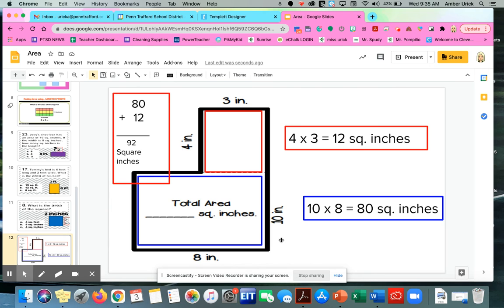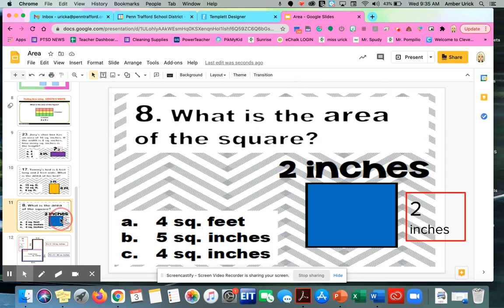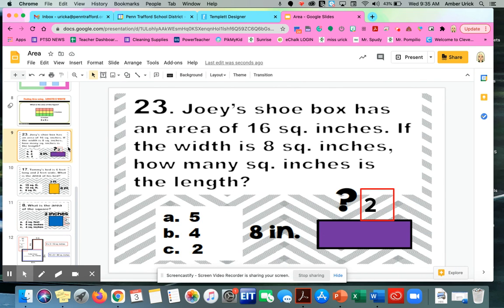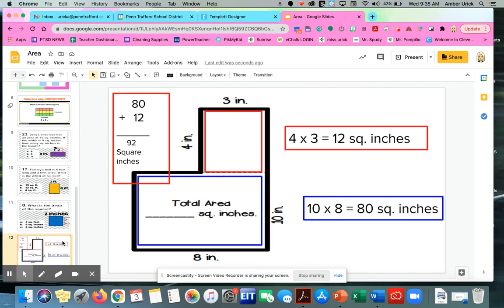Sometimes there'll be easy shapes like this square or this rectangle, even though it had a missing number. But sometimes you're going to have odd or irregular shapes like this. And it's just like a puzzle where you could cut a piece off, find two different areas, and then add the answers together to find the total area. Don't forget to label your answers properly.